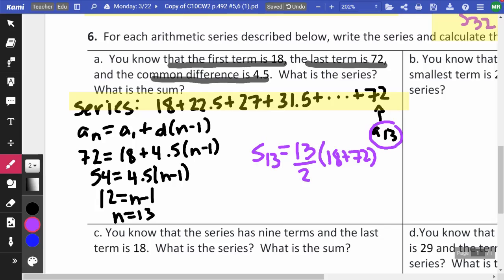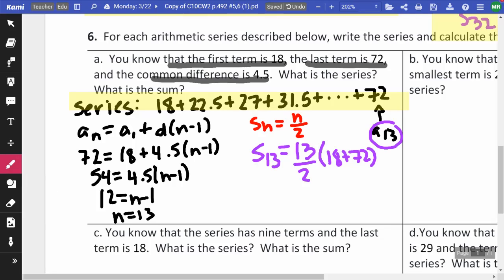The formula I just used was S sub n. This is when I'm summing the first n terms. I take n over 2 times a1 plus an.